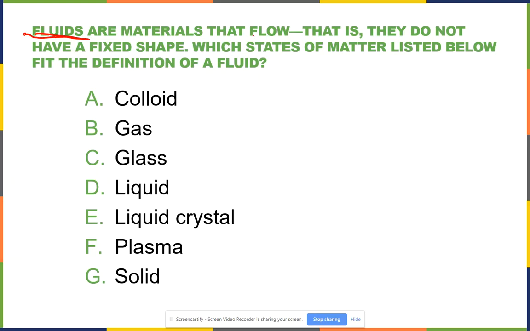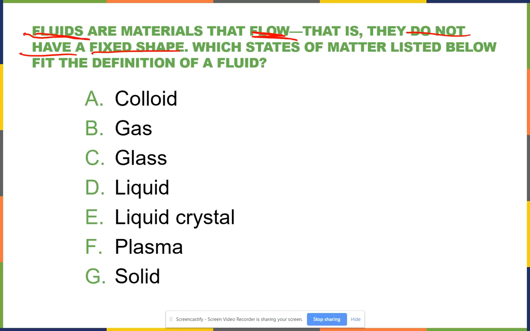Fluids are materials that flow. They do not have a fixed shape. So of the things we listed, we said solids have a fixed shape and a fixed volume. Liquids have a fixed volume but not a fixed shape. And gases had neither fixed volume nor fixed shape.